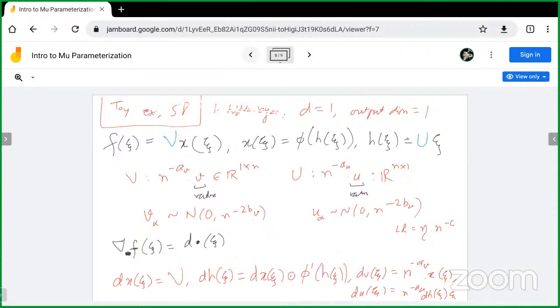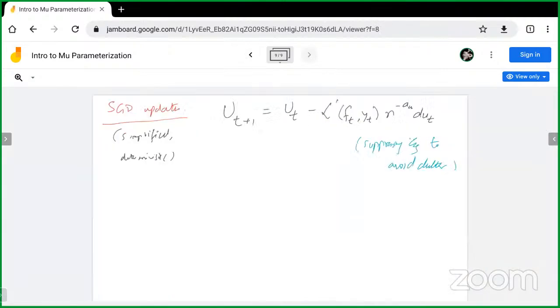Capital U is the identity minus A times u. So look at whatever update happened on little u, and just transfer that to capital U by multiplying by the identity minus A. And the same goes for B.